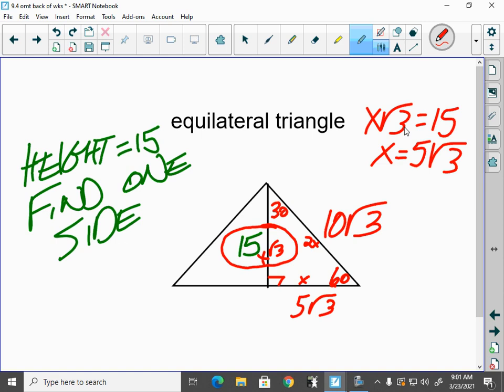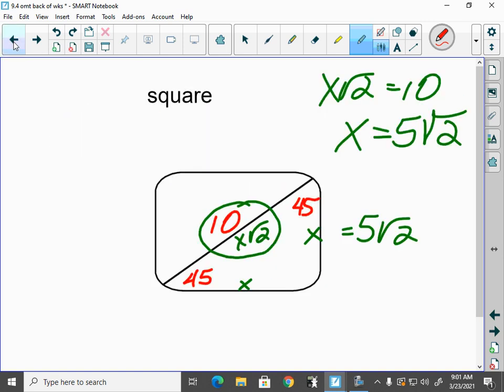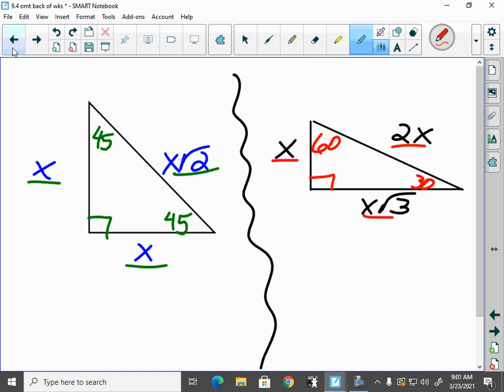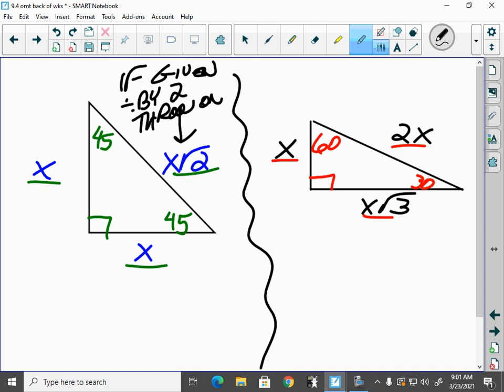Okay, so did you write down those? Now in your notes somewhere, do you have if given, divide by 2, throw on square root of 2 to get x?